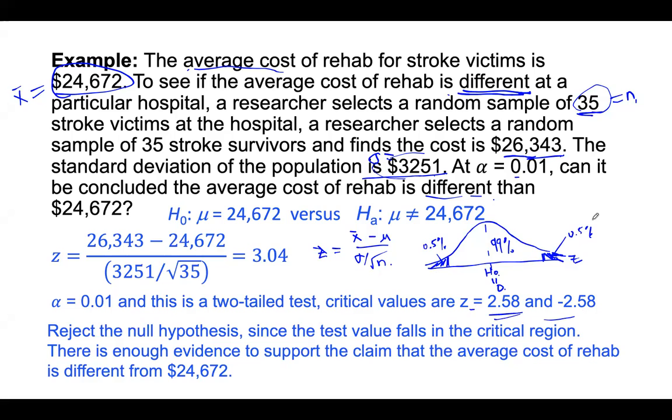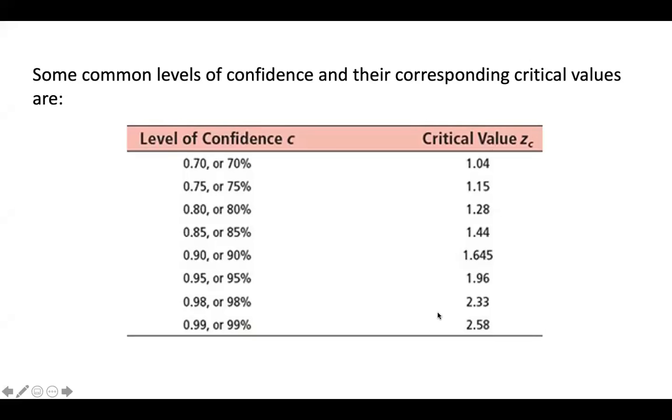Remember previously there was a table, which I can show you. Previously, we used this particular table for the levels of confidence and corresponding critical values. You can use this table if you wish.